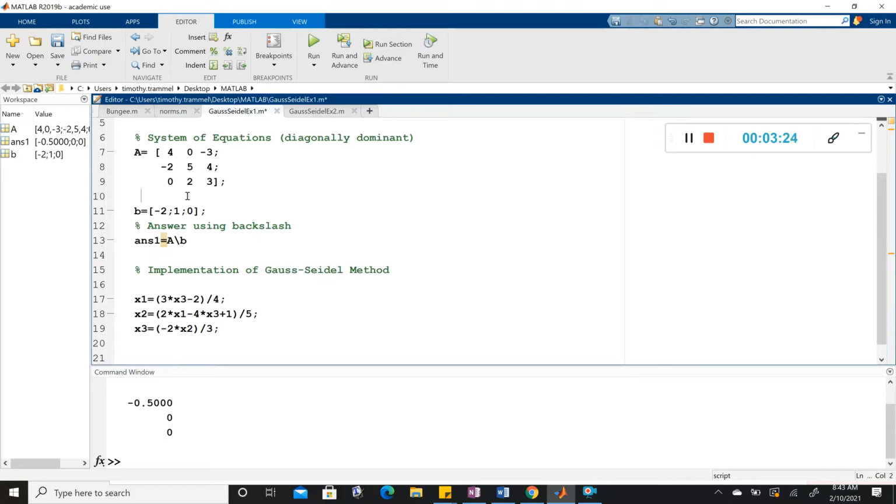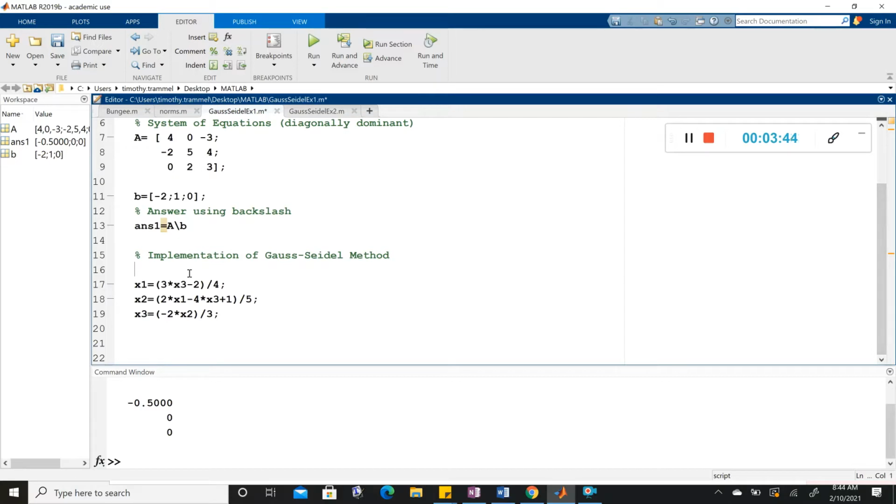Now, it is not required for the system to be diagonally dominant for this method to work. But when it is diagonally dominant, it guarantees that it will work. Let's keep going here.